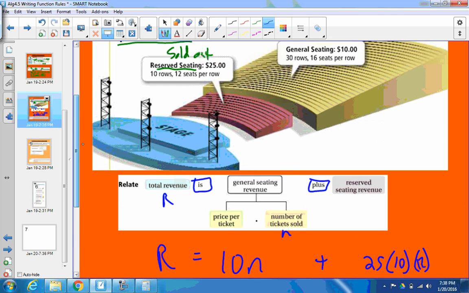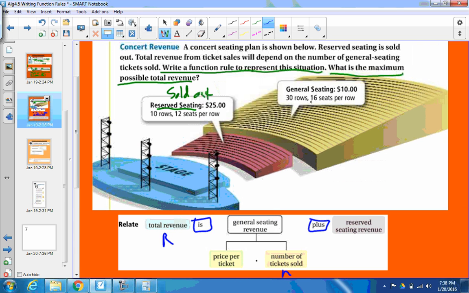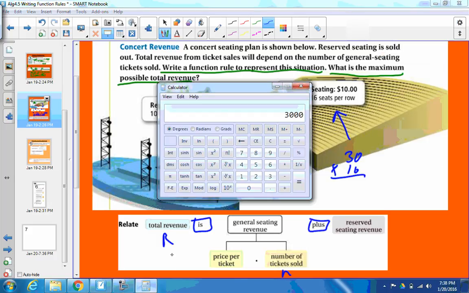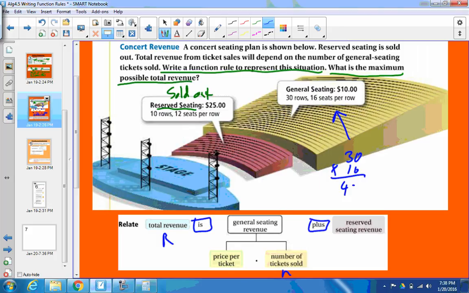It says what is the maximum possible revenue? So if we have 30 rows and 16 seats each, 30 times 16, so that'd be 480 seats. We have 480 seats that we can plug in there.